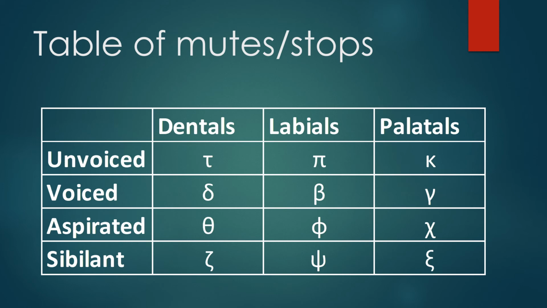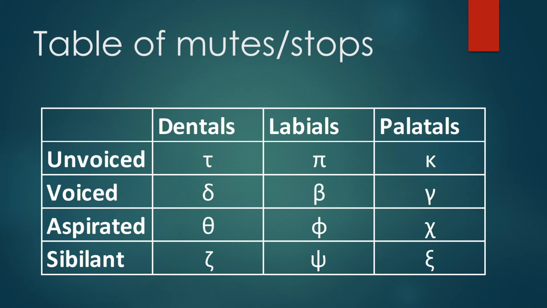But if you say dog, for both that D and that G in the word dog, you have to actually do something with your voice box. So if you make the same shape with tau and delta, but you engage your voice box with the latter, that's the difference.